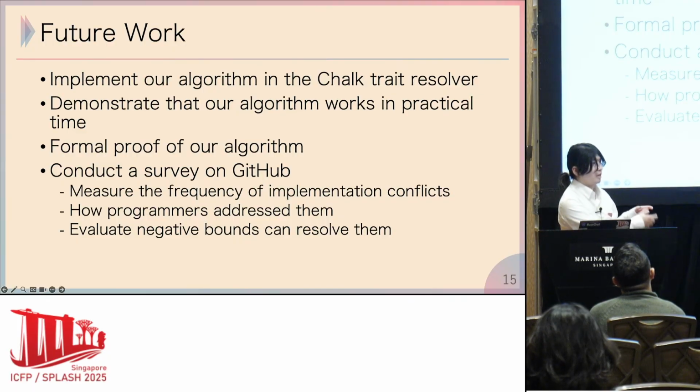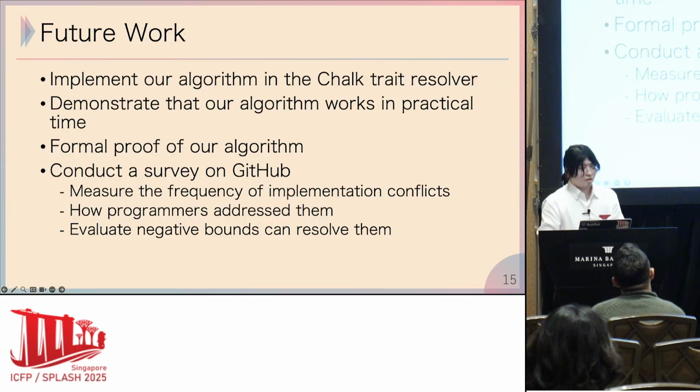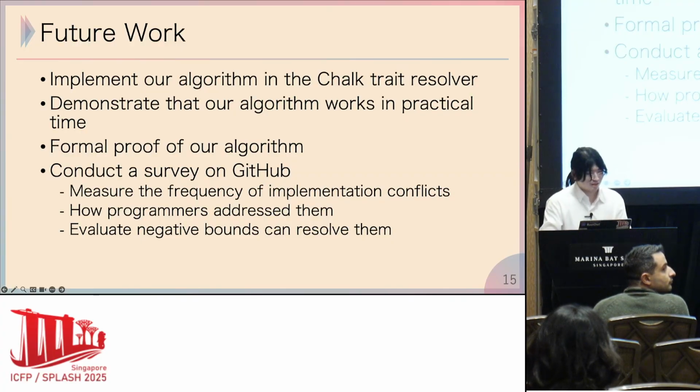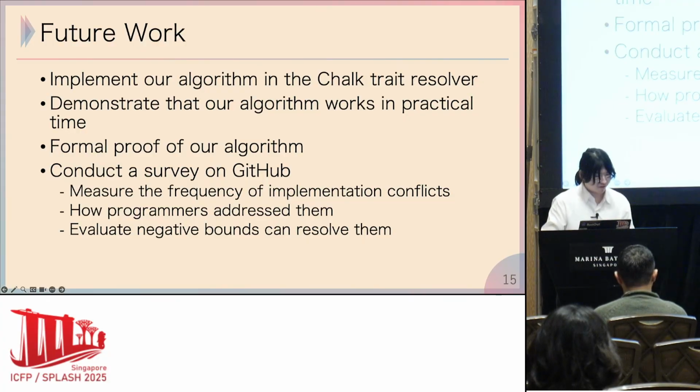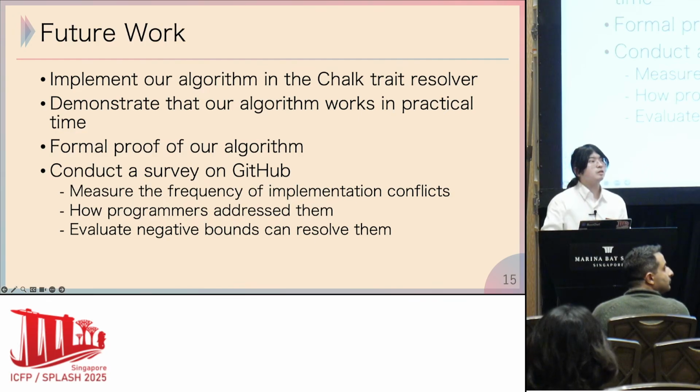We cannot select which trait bounds we should select. Is this an answer? Yeah. Okay. Thank you. We can talk later too. Okay. Thank you so much for the great talk too.